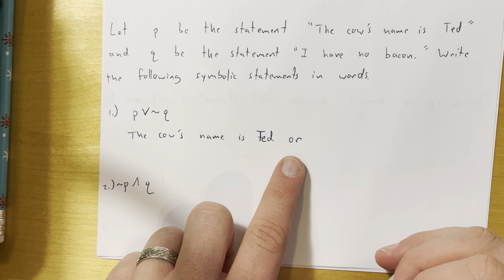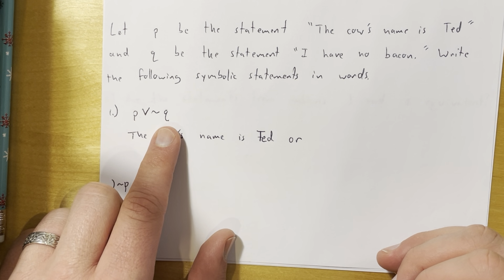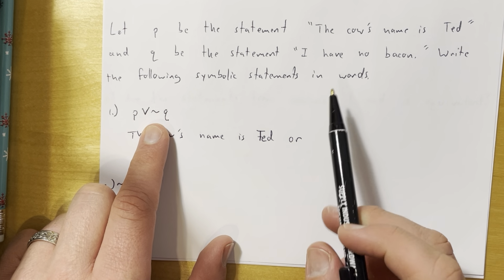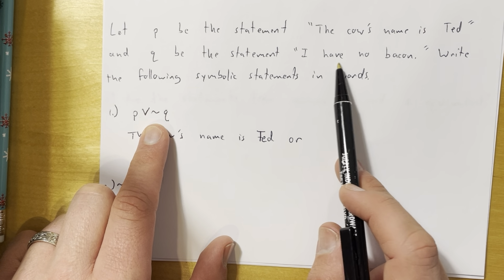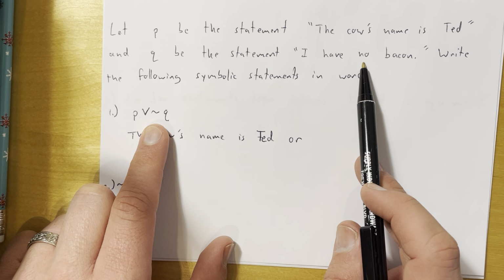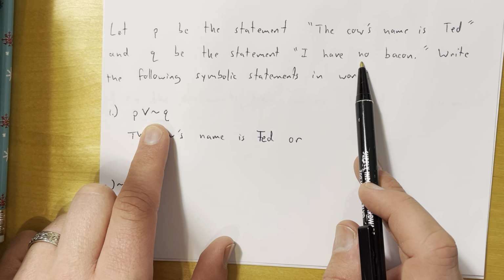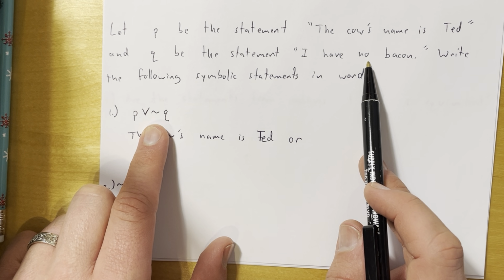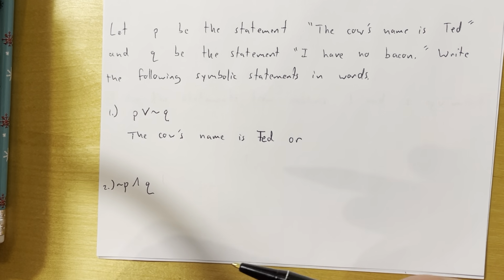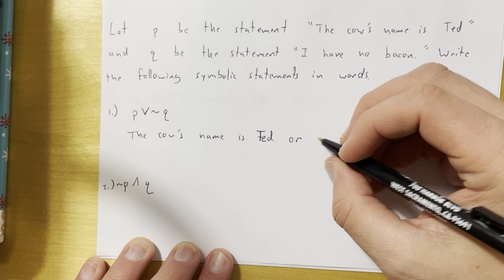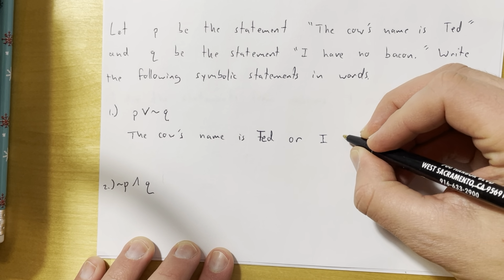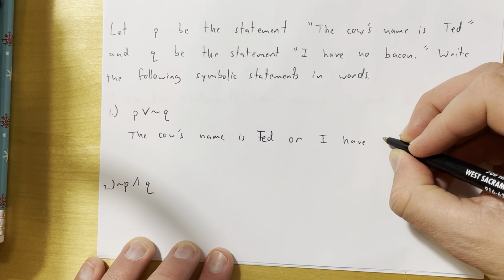The cow's name is Ted or not Q. So this means the negation of Q. If Q is the statement, I have no bacon, what would the negation of that statement be? Well, the negation of having no bacon is having bacon, or having some bacon. There are some variants that you could use there. So I'm just going to say, or I have bacon.